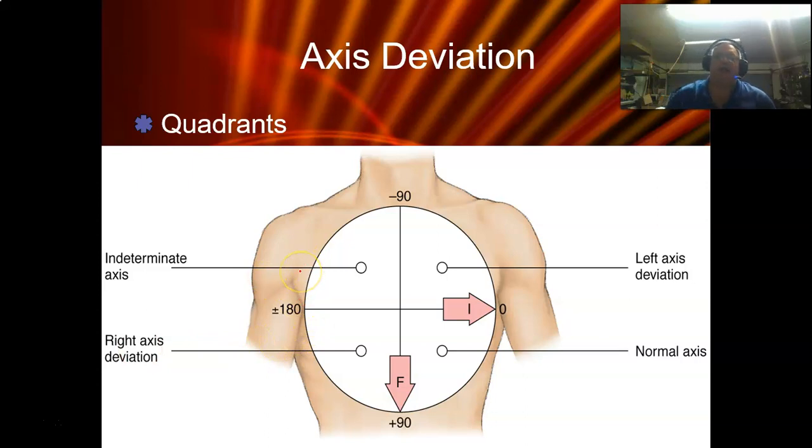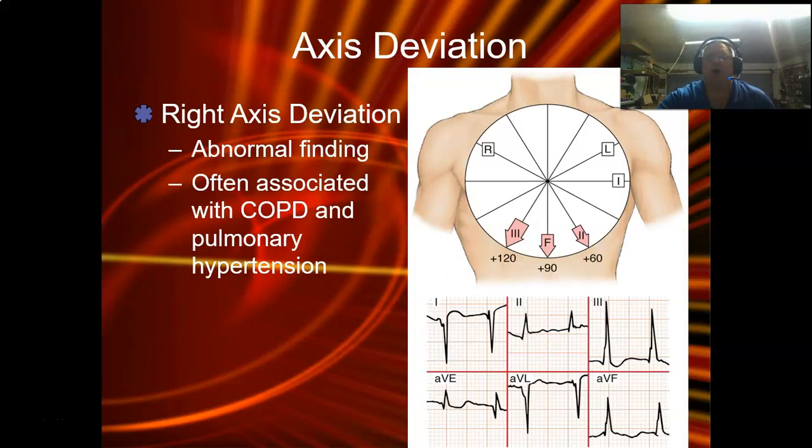Okay, now do you actually need the number? You can determine it by the way that these are up and down, okay? You can determine the negative and positive and then determine its axis deviation.